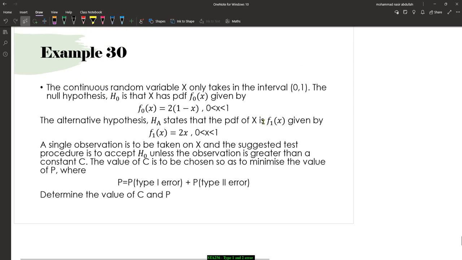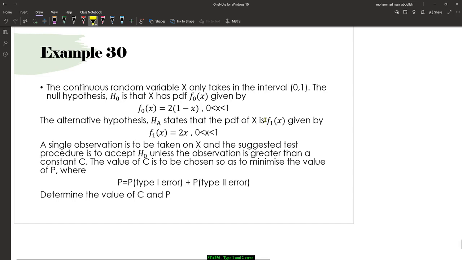A continuous random variable x only takes values in the interval 0 to 1. The null hypothesis says that x has a PDF of 2 multiplied by (1 minus x), where x is between 0 and 1. And the alternative hypothesis, f(x) is 2x, for 0 to 1 as well.